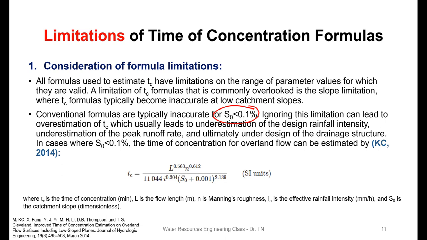You need to find another equation that considers that low slope. For example, this equation that was published in 2014 by KC and other colleagues. I have the original paper over here if you are interested to take a look at it. This was specifically developed for slopes that are less than 0.1%.